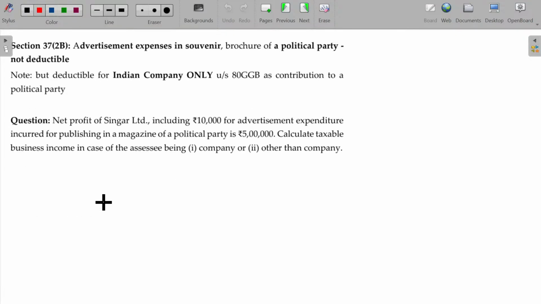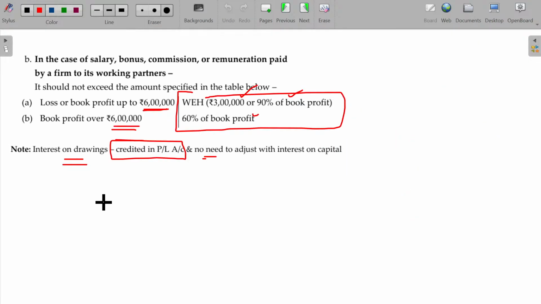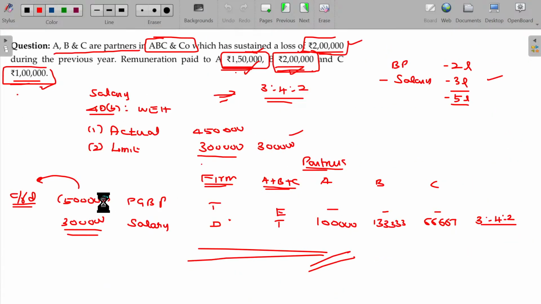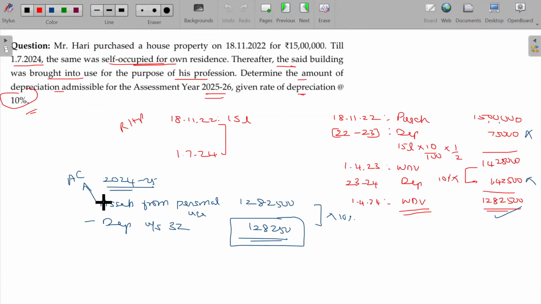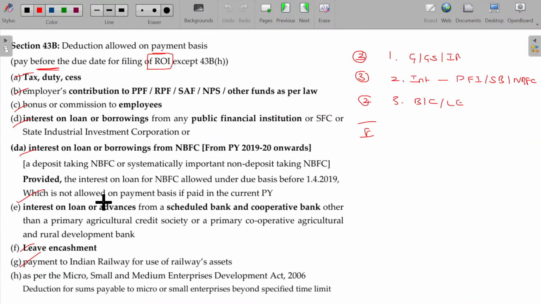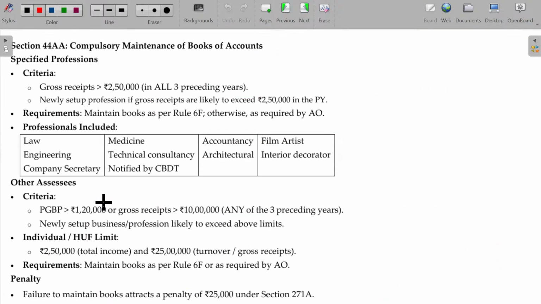So here I'm going to discuss all those points under section 44AA. So under section 44AA, maintenance of books of accounts compulsory in case of professions or other assessee.